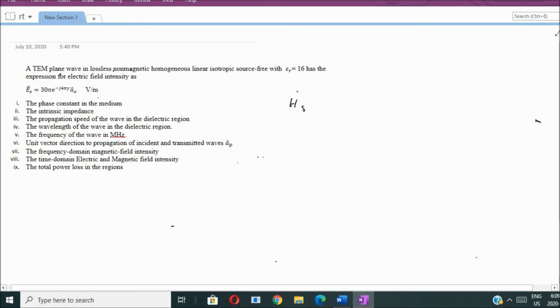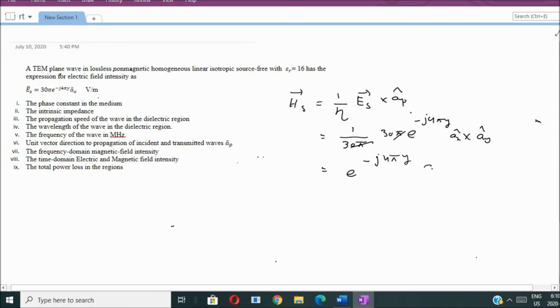You can write H is equal to 1 over eta, a_P cross E. So 1 over eta we already found in the previous expression, that was 30 pi, and E is 30 pi e to the power minus j 4 pi y ax. ax cross a_P is az. So 30 pi cancels, and we get e to the power negative j 4 pi y az, ampere per meter.